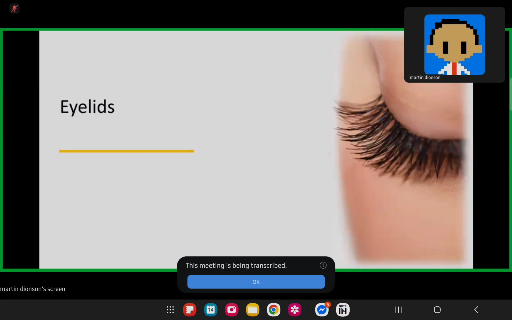Okay. So once again, the eyelid is a thin structure composed of skin, muscle, and fibrous tissue, which generally protects the eye. The main muscles of the eyelids are your orbicularis oculi and your levator palpebrae superioris.